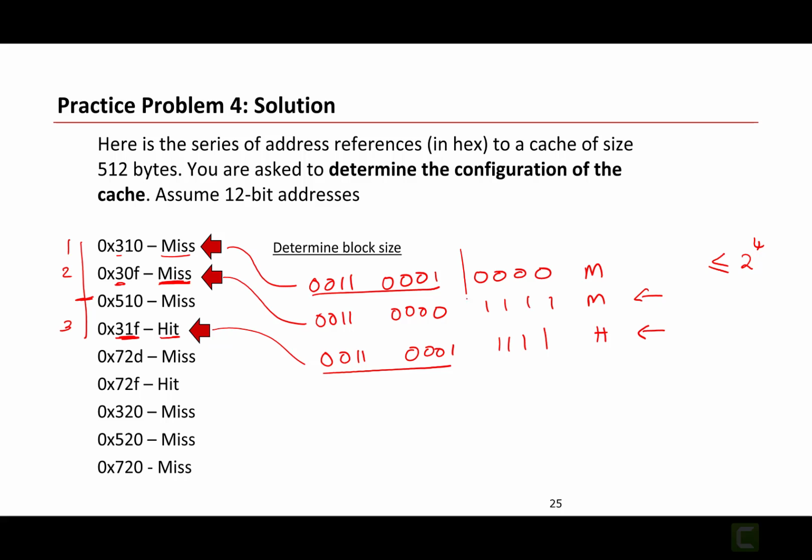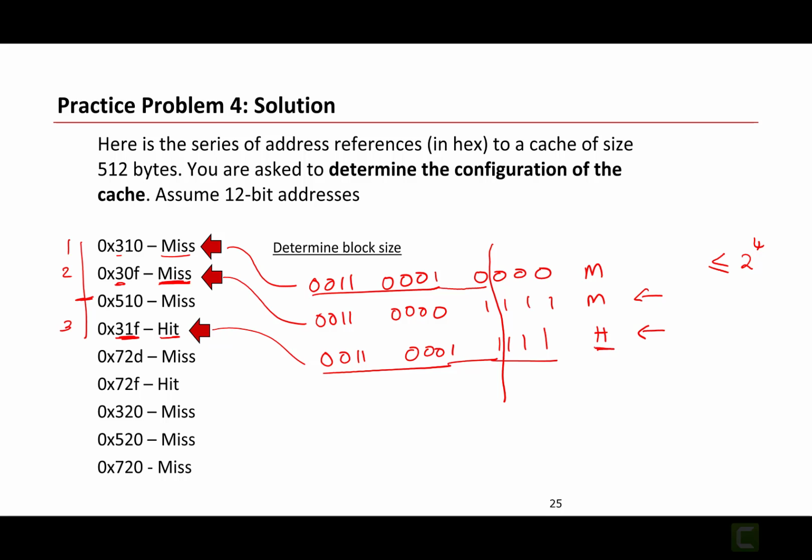And that means, what if you draw the boundary over here and say my 4 bits is my block offset? You will see that the block offset cannot be any smaller than 4 bits, because if I draw a line with just 3 block offset bits, then the prefix doesn't match, which means the tag doesn't match with any of the previous two accesses.